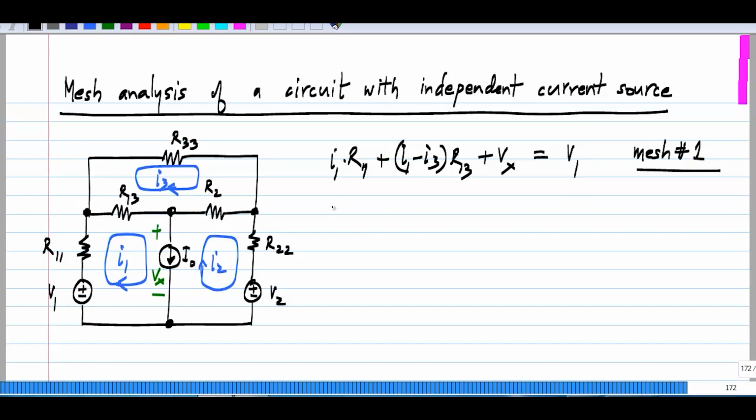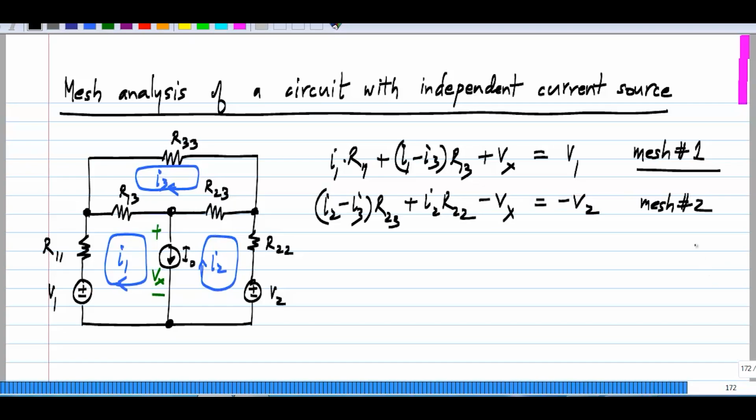Now for the second mesh, I know that I2 minus I3 times R23 plus I2 R22, and I don't know the voltage drop across this, and now I have to take it in the opposite direction. So I'll get minus Vx to be equal to minus V2.